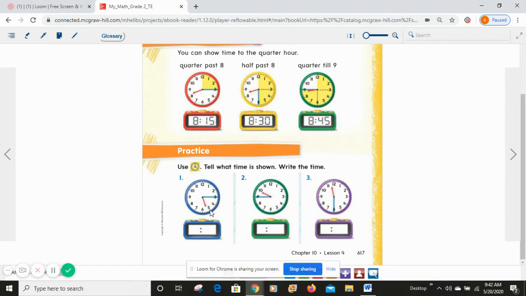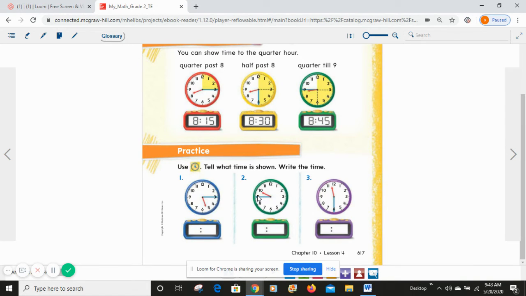My hour hand is past the 5, but not to the 6, so it's in the 5th hour. And if my minute hand is pointing over here, it's 15. So I'm going to say that it is 5:15. On this one, my hour hand is past the 9, but not quite to the 10 yet. So I'm going to say it's the 9th hour, and then I know 5, 10, 15, 20, 25, 30, 35, 40, 45.